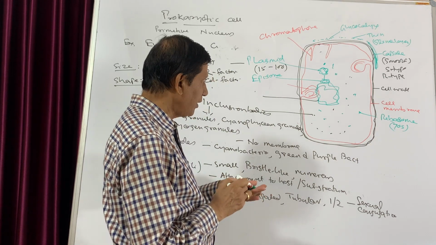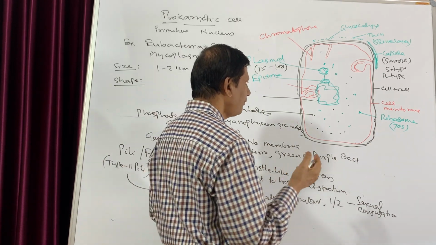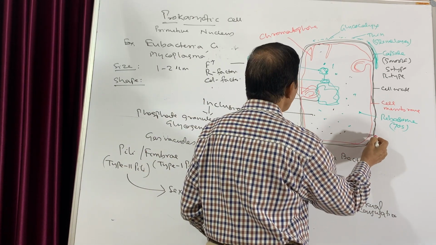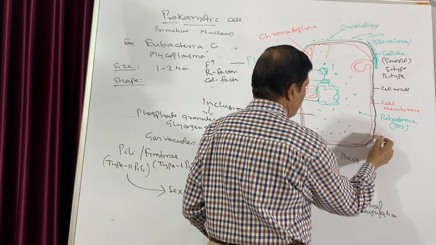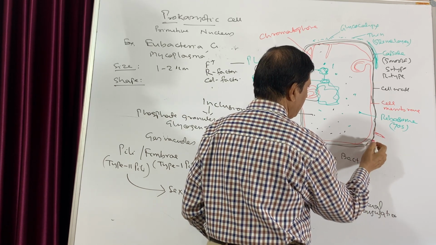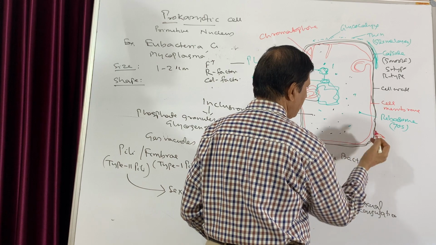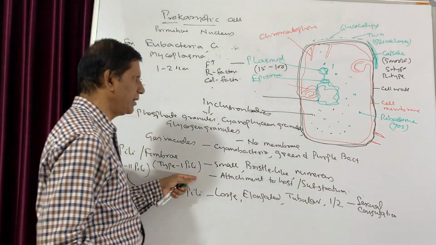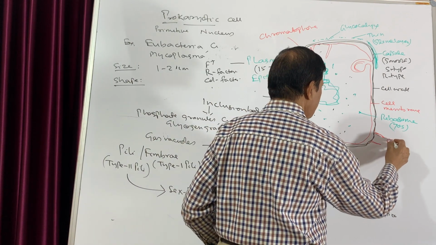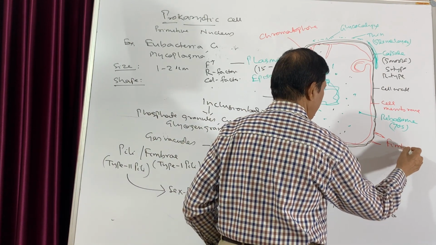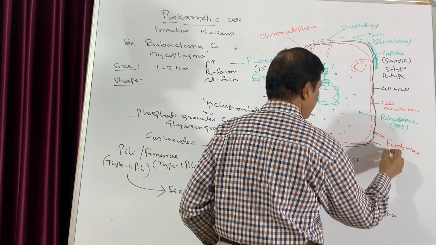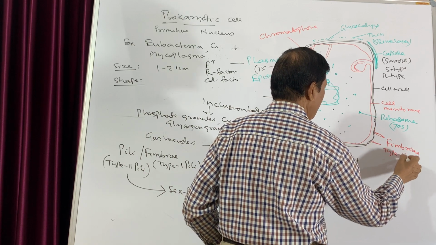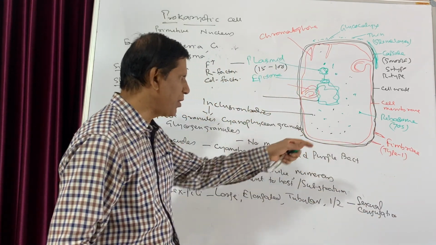So if we draw the diagram here, you see some small structures coming out like this. These structures you can call Fimbri or type 1 Pili, because they are small and bristle-like.